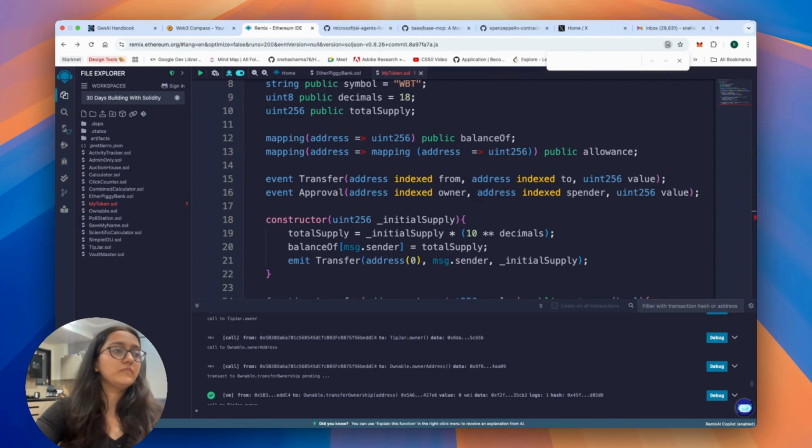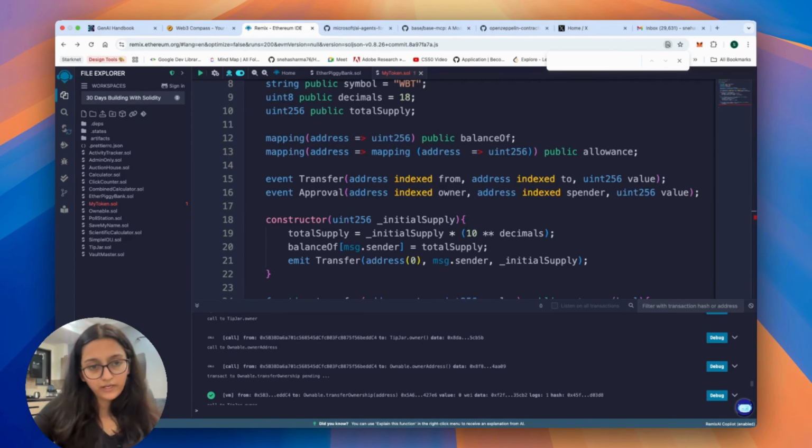Okay. But is there any problem in understanding what we have done till now? We know that this constructor runs once and only once, when the contract is deployed. So what we're saying is that there should be an initial supply. It's the number you pass when deploying the contract. But ERC20 tokens use decimals for precision, just like ETH does.